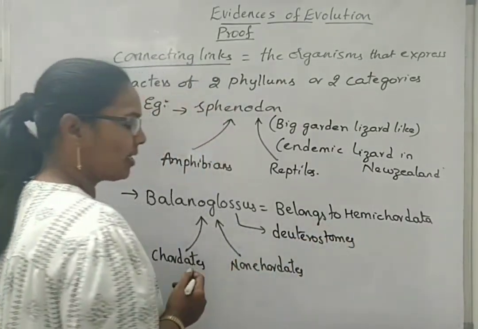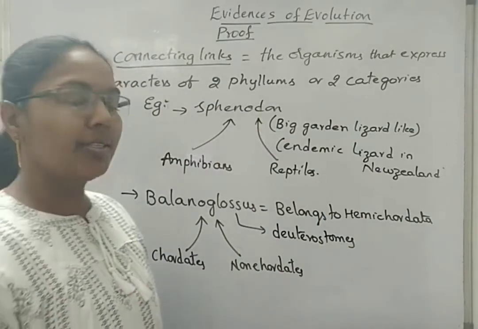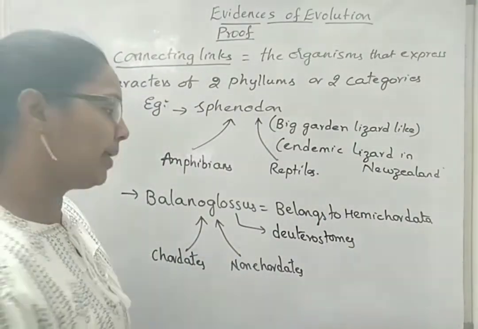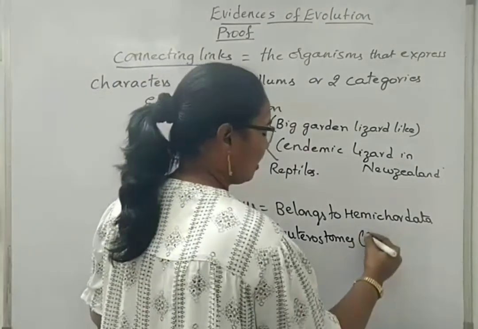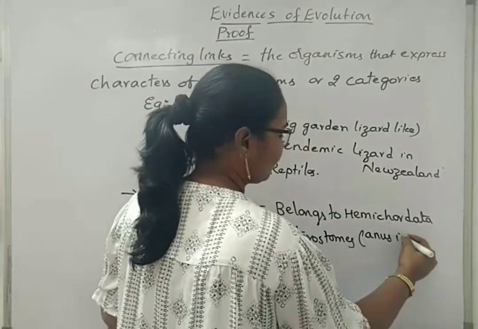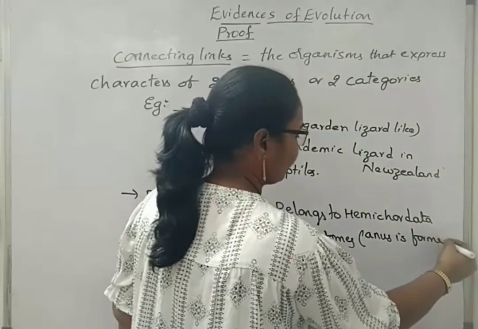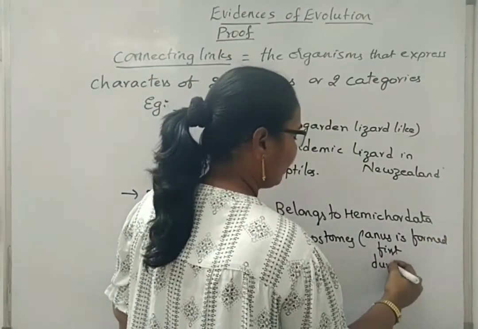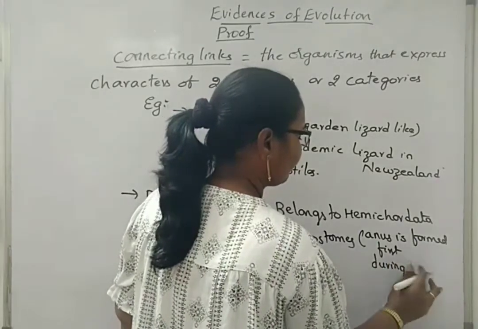Deuterostomes are the organisms in which the anus is formed prior to the mouth during embryonic development. Anus is formed first during embryonic development.